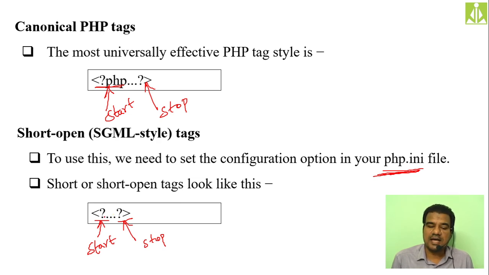In the sense of this less than question mark and question mark greater than, what is the difference between this and this? Only this PHP we are adding over here. That's it. Only that kind of shorthand notation we are going to get. But this additional thing we need to remember, and I don't want that extra burden. So I'm happy with using this one. I don't want to change anything. If I go and change something in this INI configuration file, then there is a possibility that all my PHP configurations will change and complete PHP execution will stop. I don't want that.